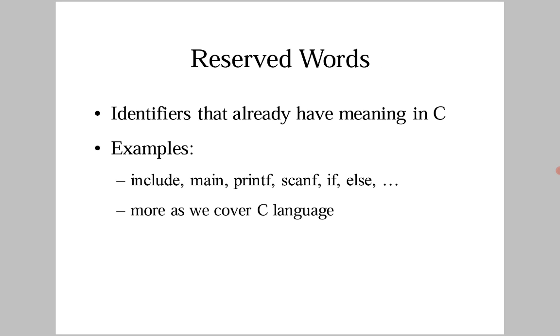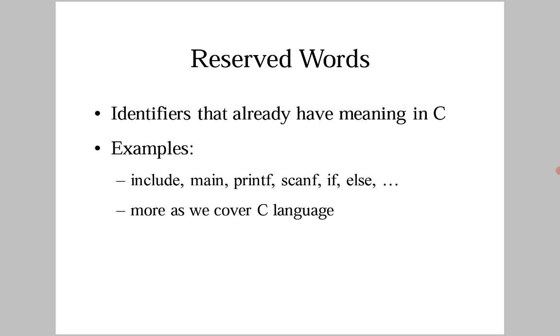Reserved words. What are reserved words or keywords? They are identifiers that already have meaning in C. Reserved words or keywords in the C language have a specific meaning or purpose, so we can't use them as a regular variable.